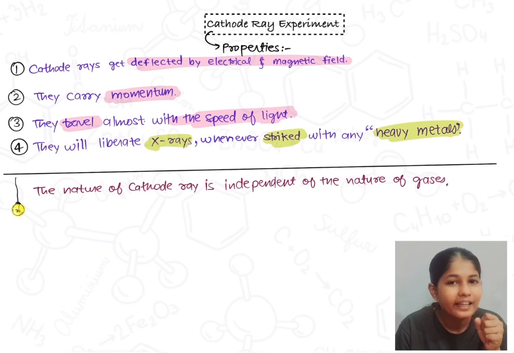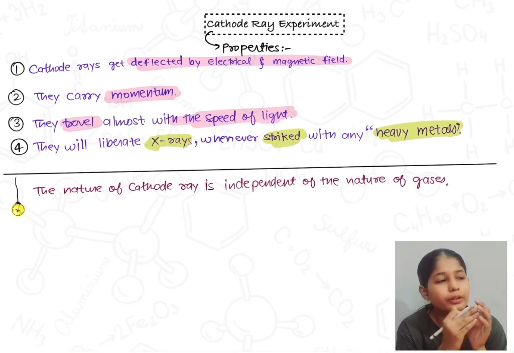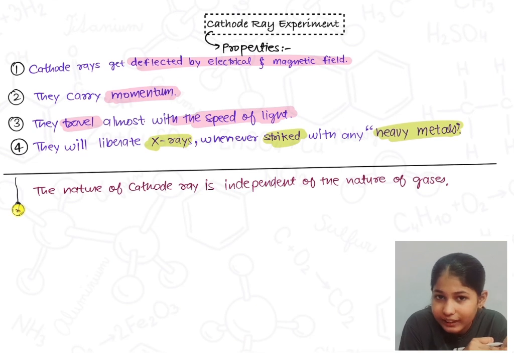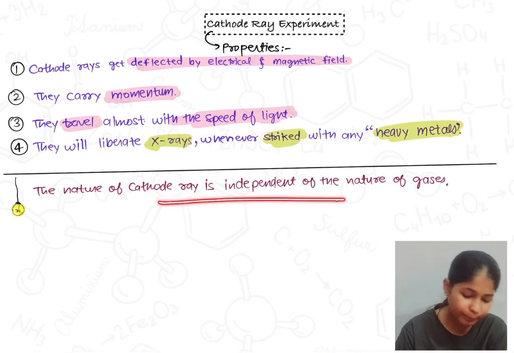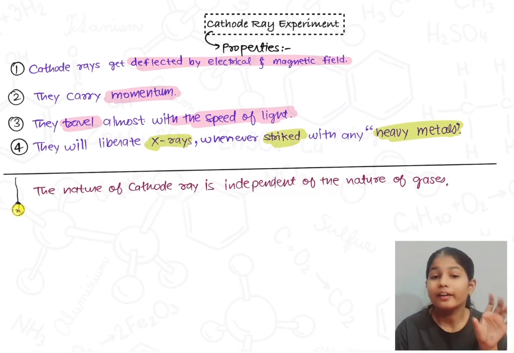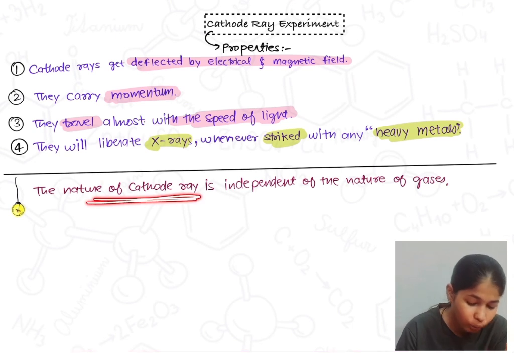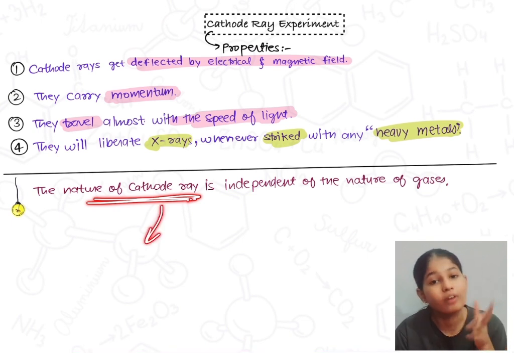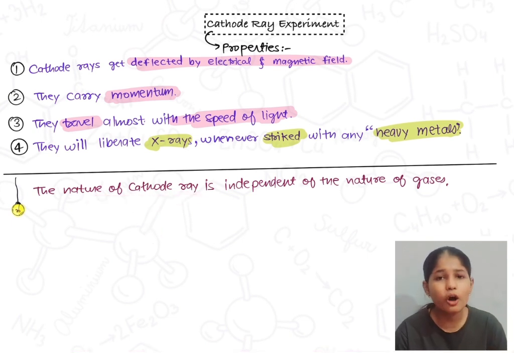So can I say that if you take the atom of any element, their cathode ray will be the same? Yes, I can say so because of this property. Can I say that cathode ray is a fundamental ray? Yes, because it is not affected and it is common for all.